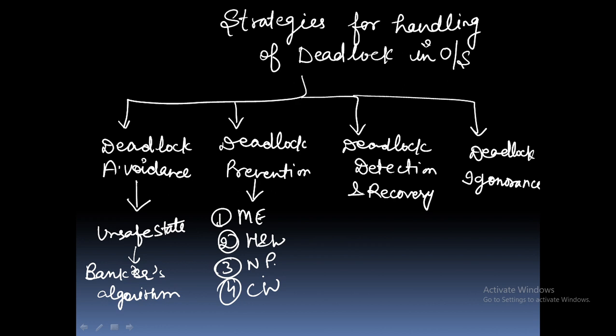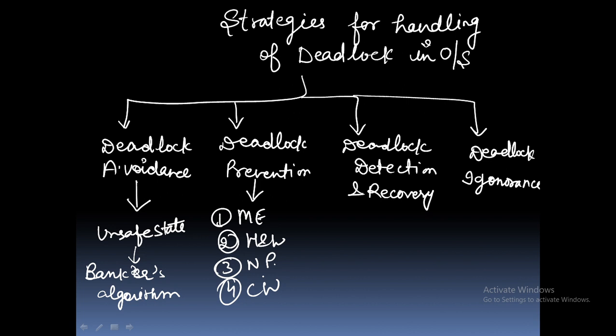If any one condition is violated, then we can say that deadlock is prevented, because the system is deadlock free.